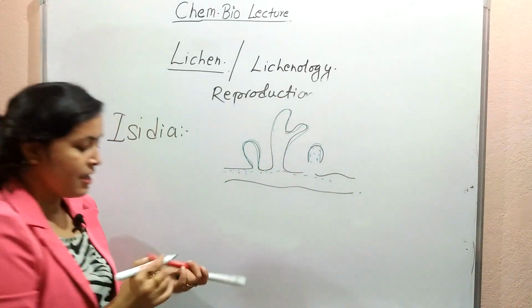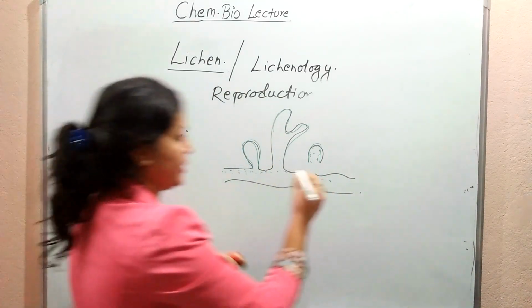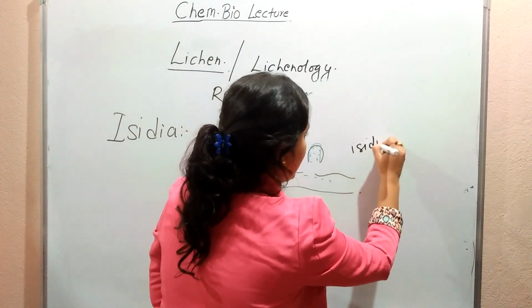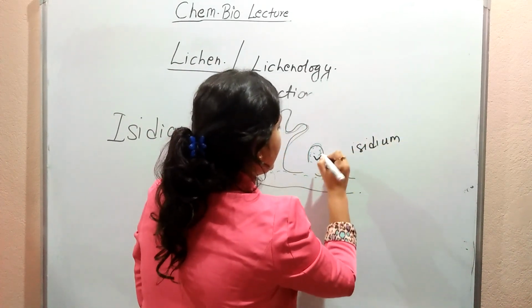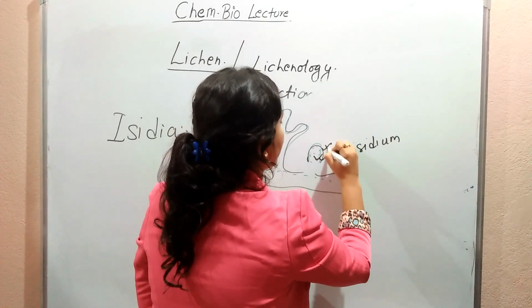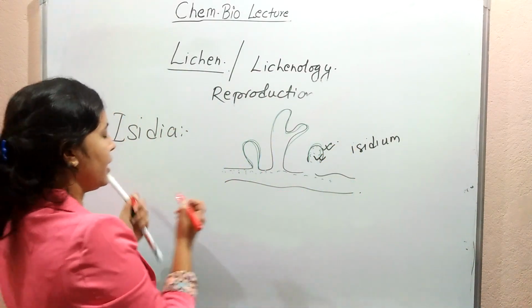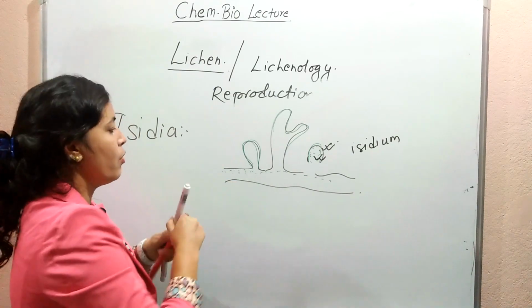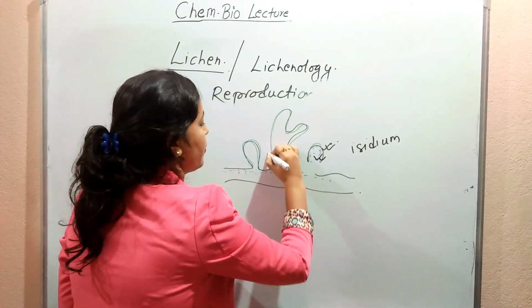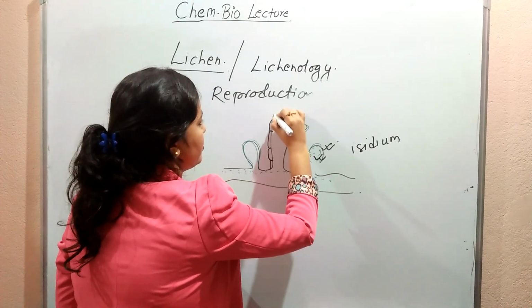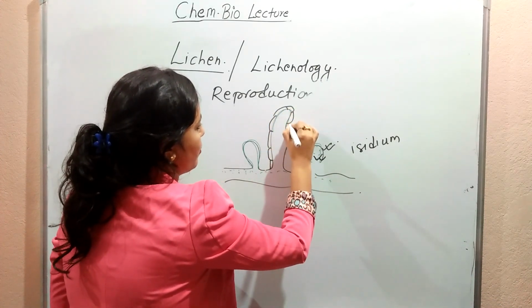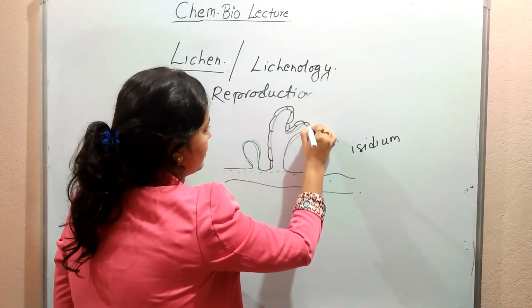from the thallus. Each isidium consists of an algal component and a fungal component. These isidia are also surrounded by a wall of cortex cells.